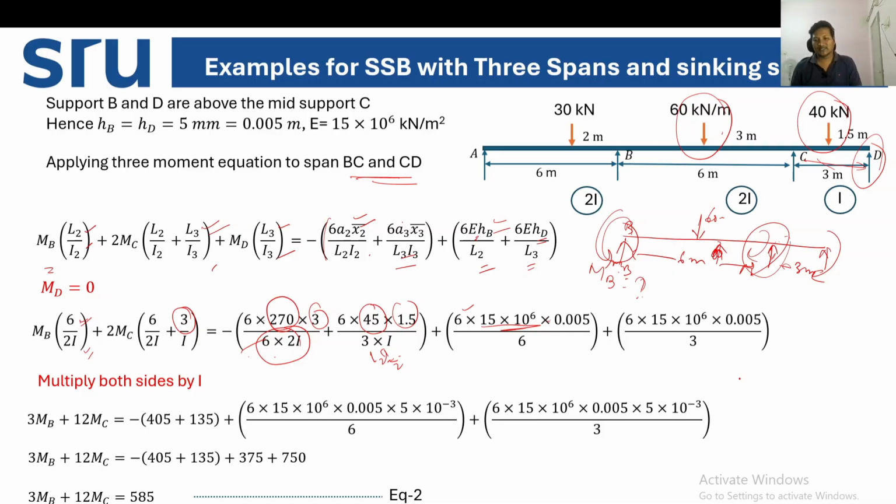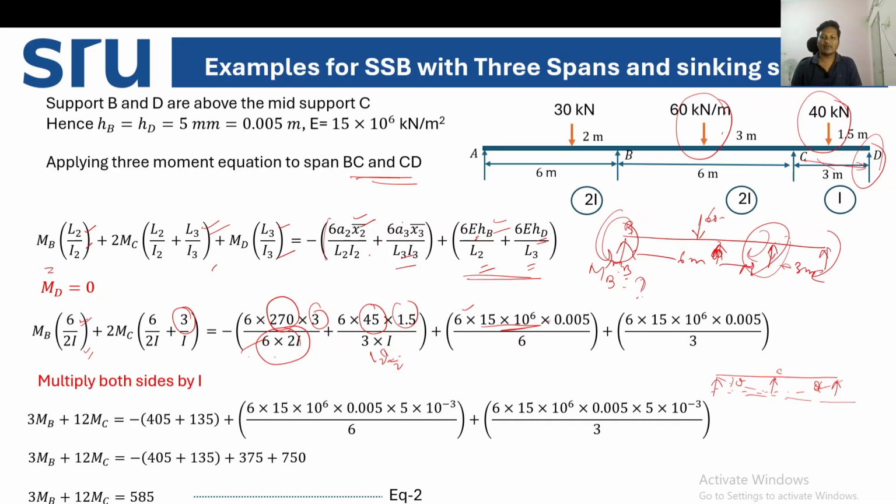So what is the settlement condition given in the question? The settlement condition is here at B and D. So here is C, C is settling down. So I can draw the diagram like this, right? Just creating a slope. If I draw a reference line here, I can write, see, delta C is not mentioned in the equation.